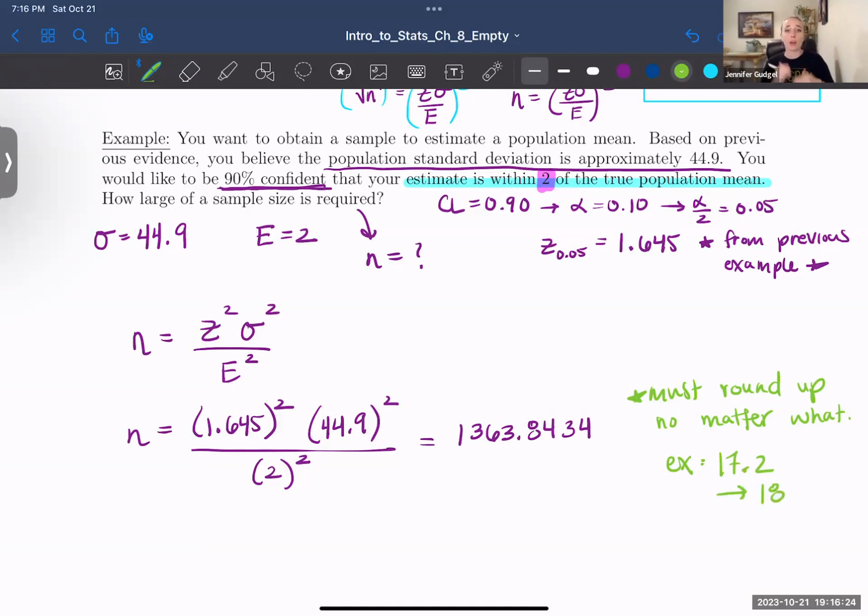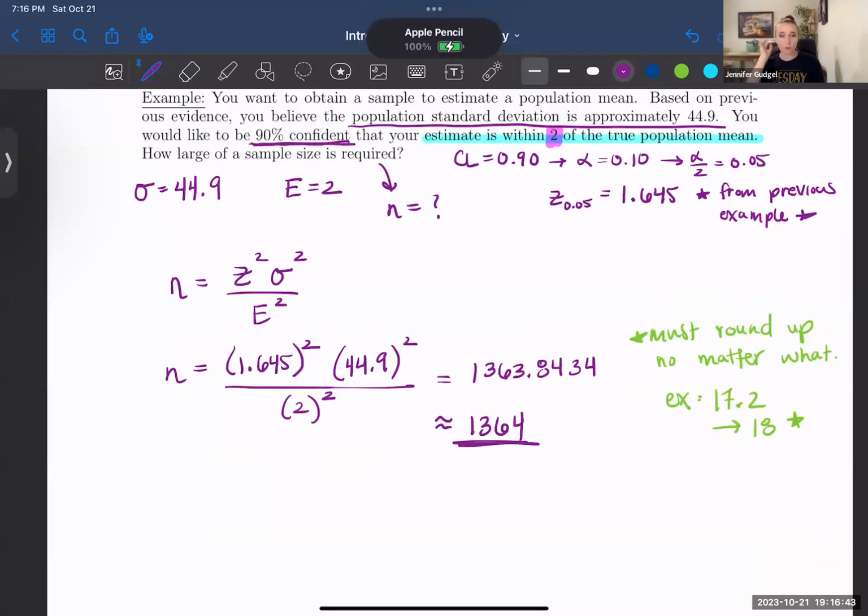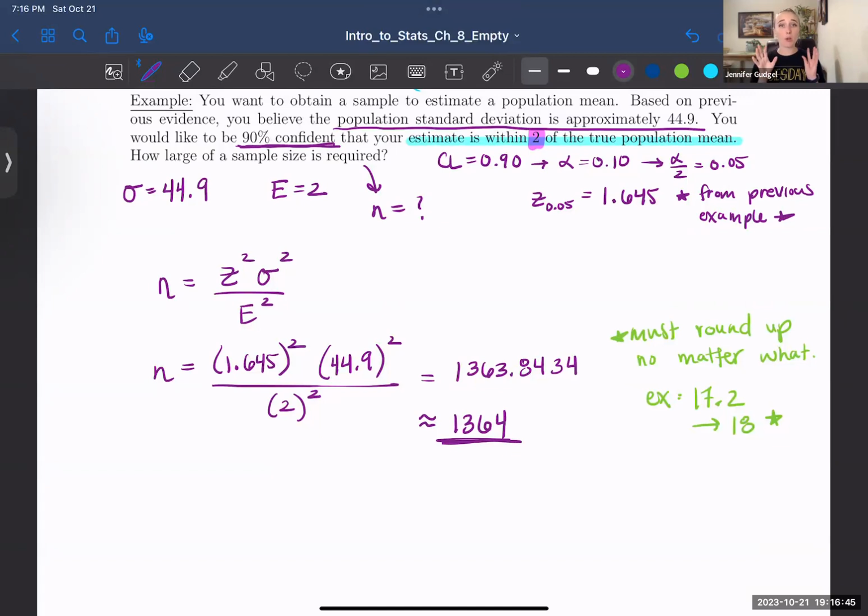You have to round up no matter what when we're talking about sample sizes. This is only for n. Other things we round according to that following decimal, but for the sample size, we have to round up no matter what. So my sample size would need to be 1,364. Now there's an online calculator for this as well, but I'm going to assess you without the online calculators. So you need to know how to do this by hand.